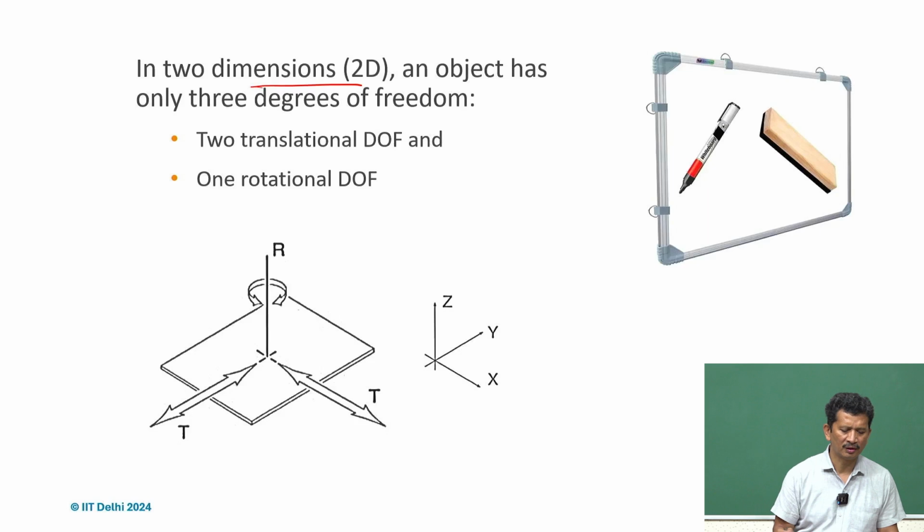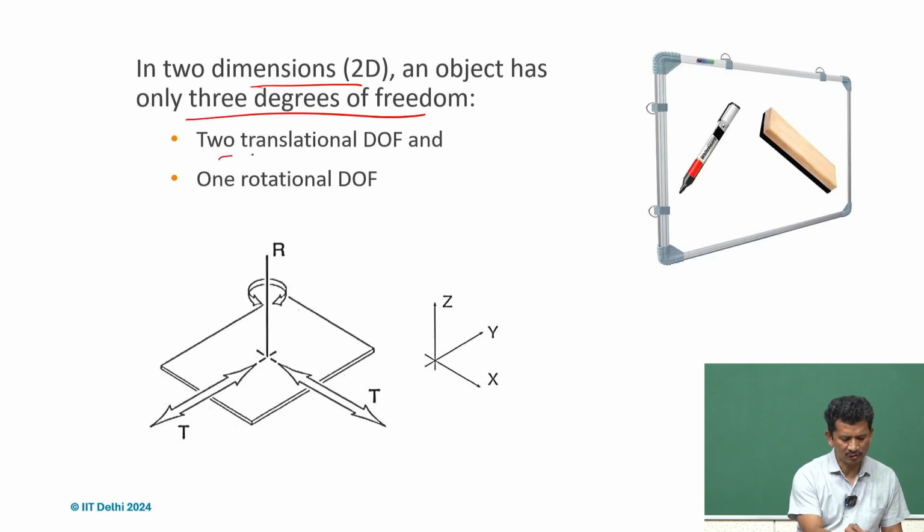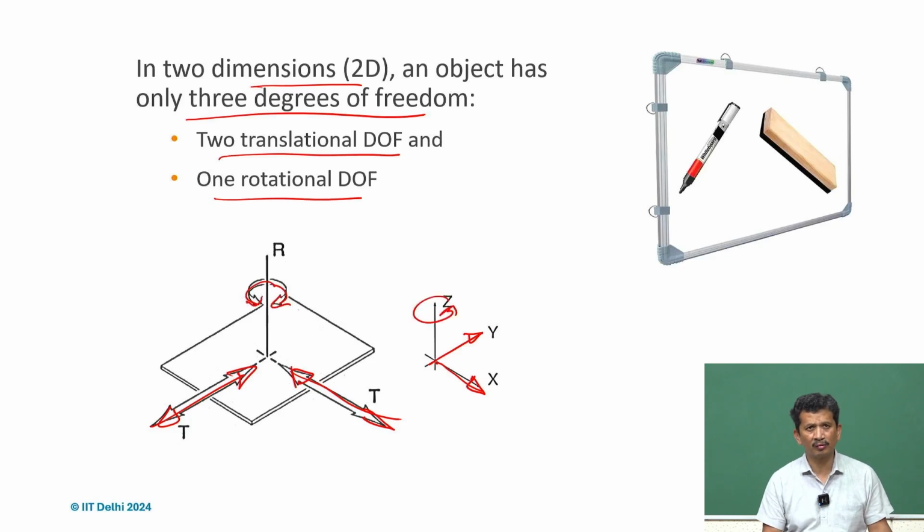So, for instance, if it is 2D, then the object will have 3 degrees of freedom, 2 translations and 1 rotational. Here we are talking about the translation along the x and y axis, in the plane, and the rotation along the z axis, perpendicular to the plane.